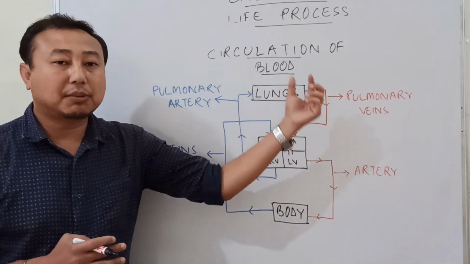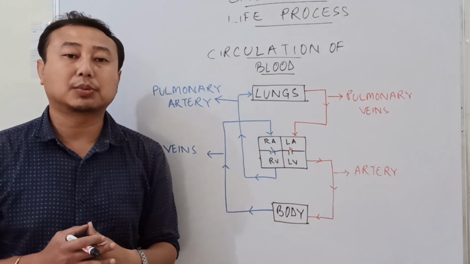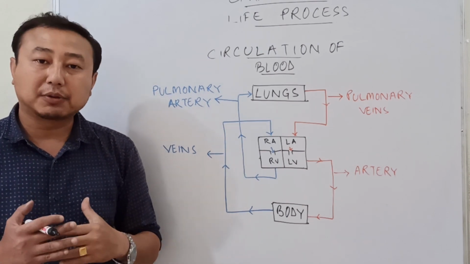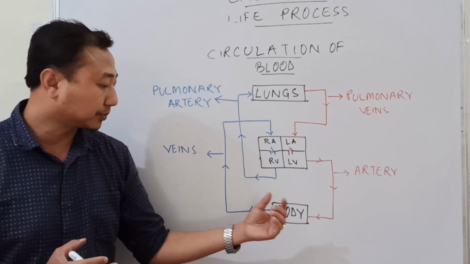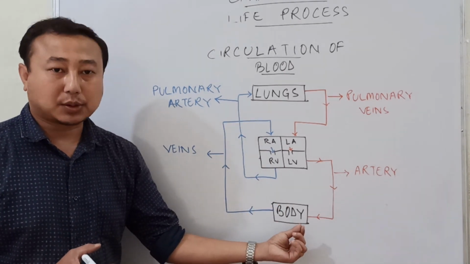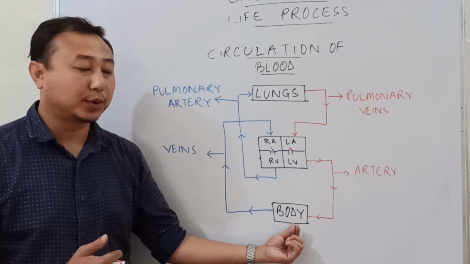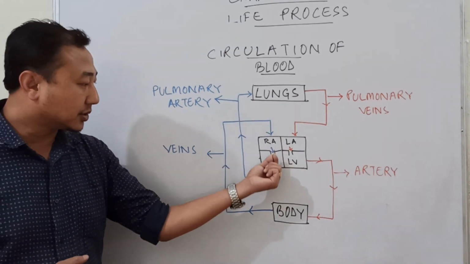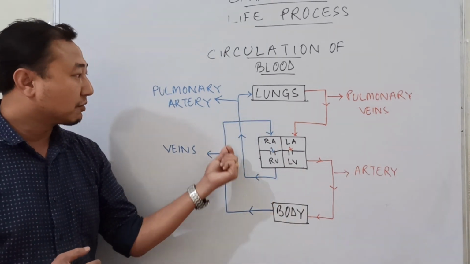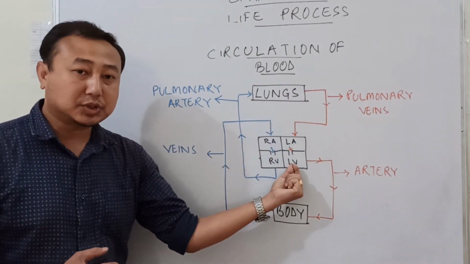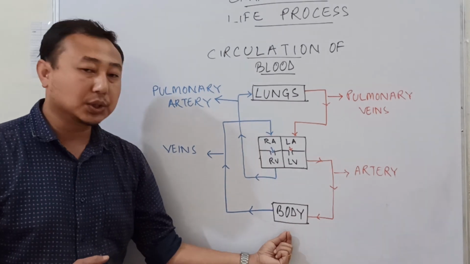the circulation of the blood inside the human body is known as double circulation. I will repeat once again, double circulation. In one complete circulation, let us take the blood starts circulating from the body. From here, it enters the heart in the right chamber. From here, it passes to the lung, and from the lungs, it enters the left chamber of the heart and comes back to the body.